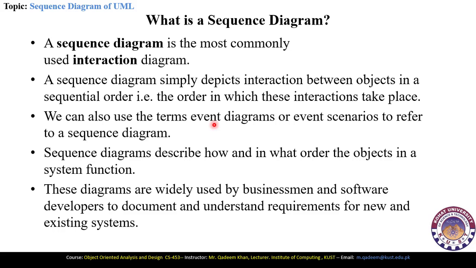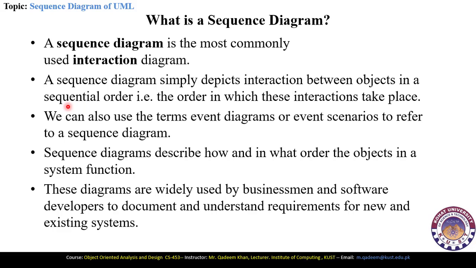Now, before starting the sequence diagrams, we have to understand what the sequence diagram is. As its name indicates, the sequence diagram is used to represent the interaction among different objects in a certain sequential order. Here, the sequence of interaction is very important.